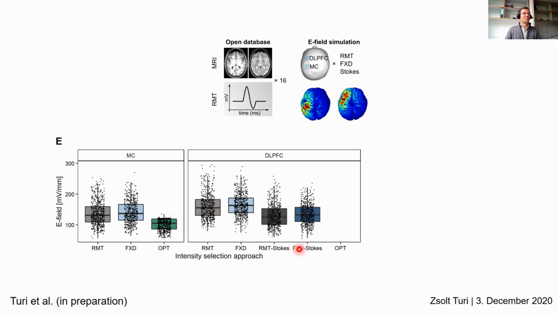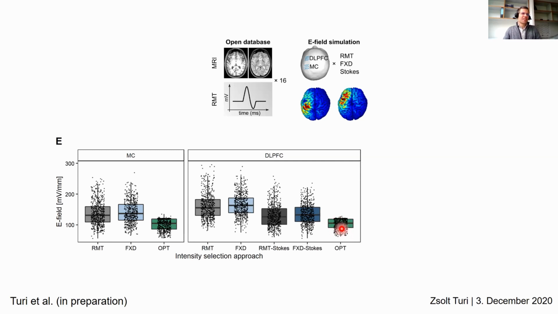I was quite surprised about this because this actually worked pretty well in reducing these extra intensities in the electric field strength compared to the motor cortex. However, in order to get the inter-individual variability, we needed to perform electric field optimization, computational modeling, to get the values right.